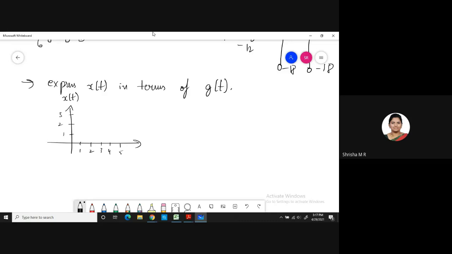From 0 to 2, the amplitude is 3. Then from 2 to 4, the amplitude is 2, and from 4 to 5, the amplitude is 1.